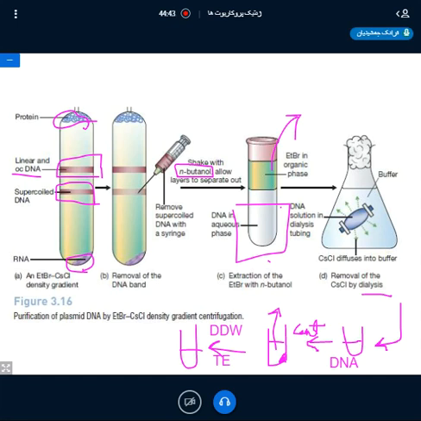For example, you extract the DNA, but how do you understand that you did it well? How can you determine the DNA concentration or the quality of the extraction? Understand my question?